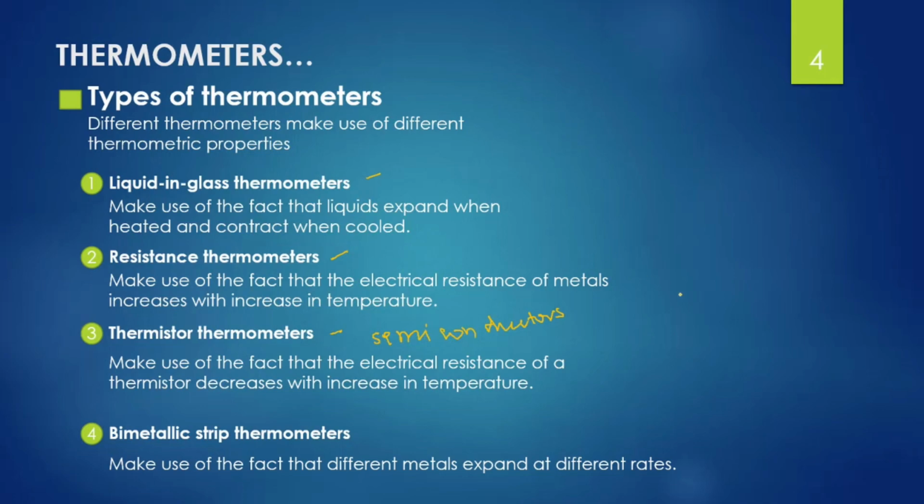They expand at different rates. If we take copper, for example, and another metal, let's say iron, and you heat the two, supplying the same amount of heat to them, the extent to which they will expand will not be the same. That property is made use of in the bimetallic strip thermometer.